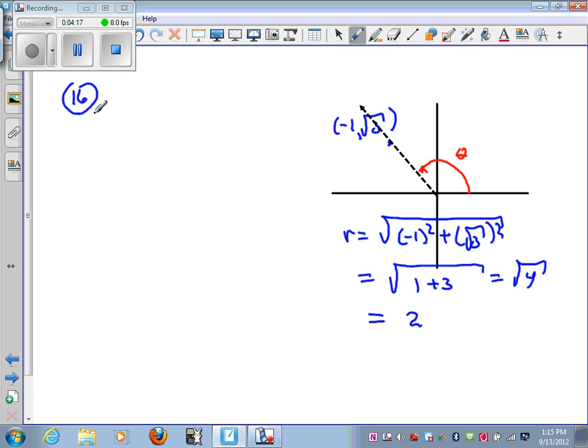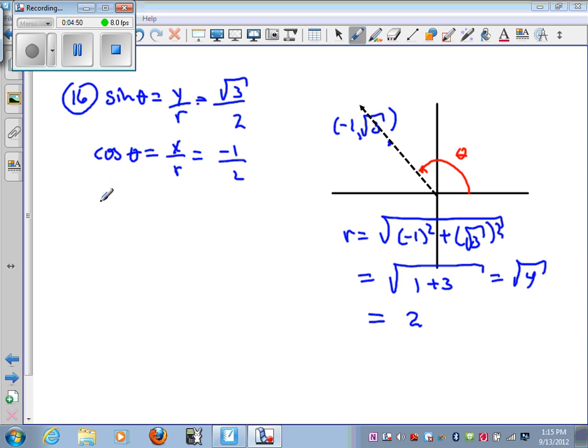So now sine is y over r, and y is the square root of 3, and r is 2. Cosine is x over r, and x is -1 over 2.